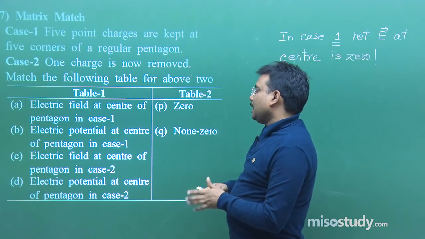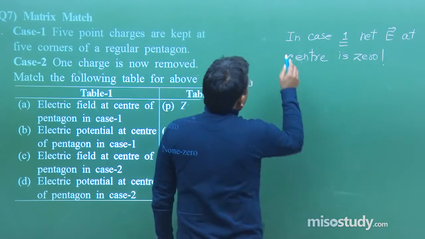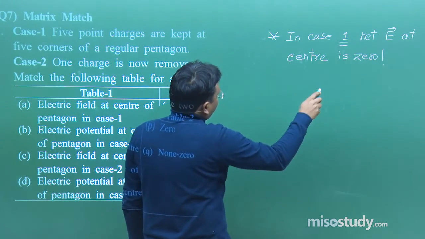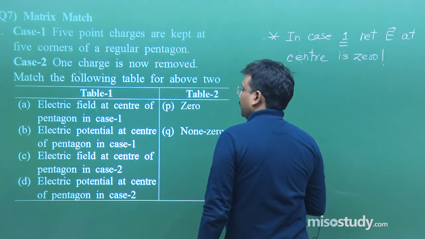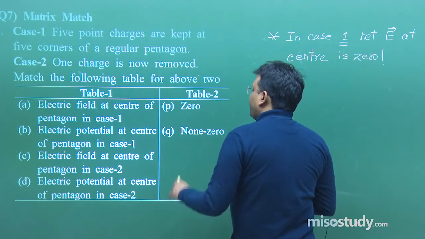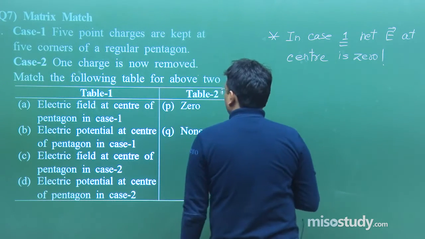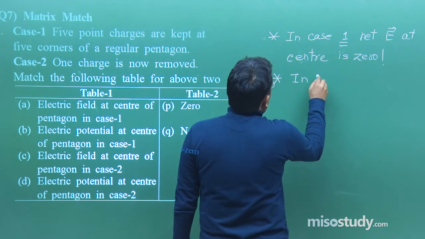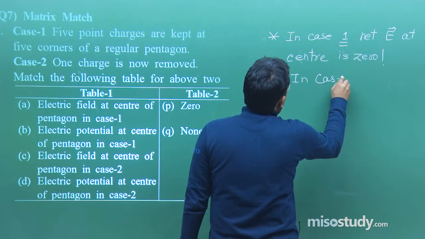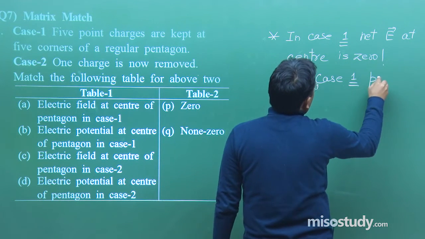Next is electric potential at center of pentagon in case 1. What will be the electric potential in this scenario?